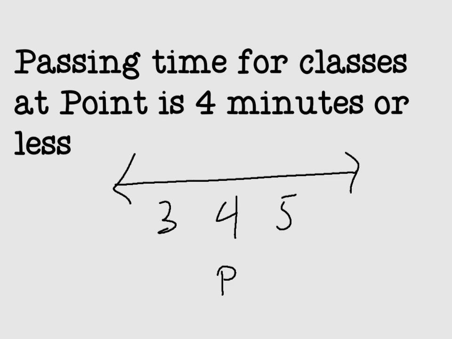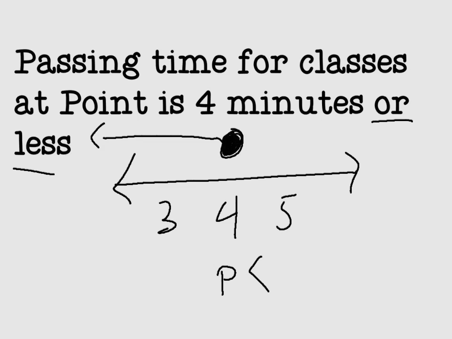Well, I know that it's 4 minutes or less. So I know that I want a number that's less than 4. So P's got to be less than 4. But if it says 4 minutes or less, that means I can include 4. So I'm going to color in that 4.